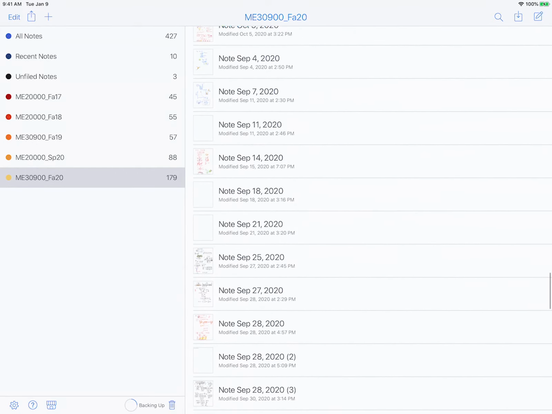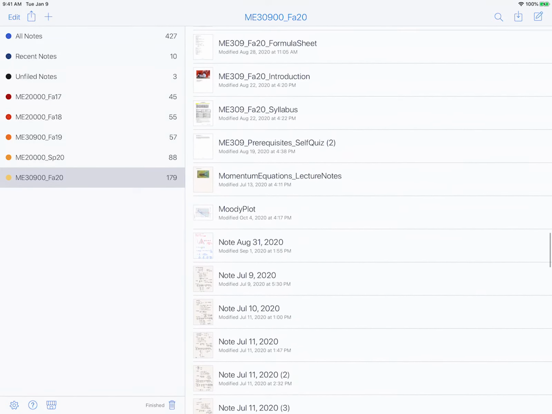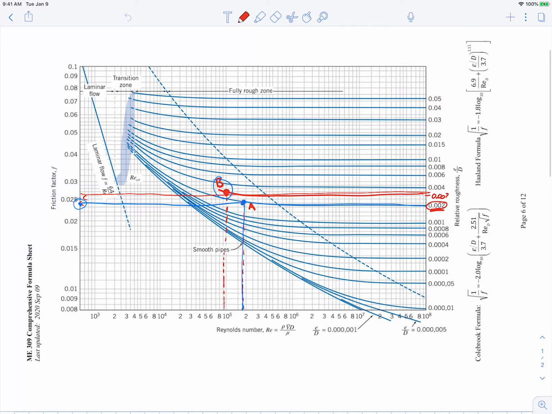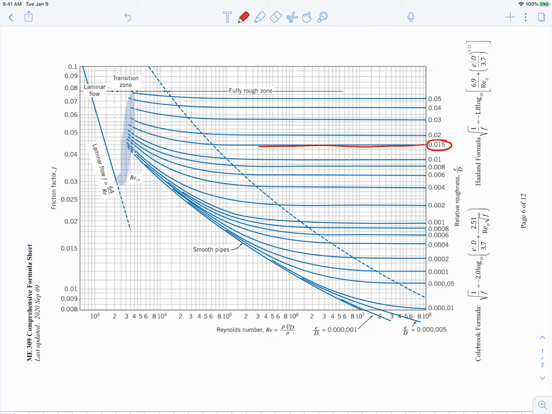So I'll go to my Moody plot. Here we are. Let me erase some stuff. This was from a previous example. Okay, so we're at 0.015, so that's right there for the relative roughness. So we're assuming that we're somewhere out here. So our critical Reynolds number here must be greater than about 60,000.